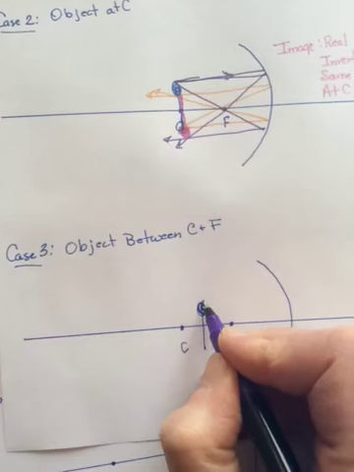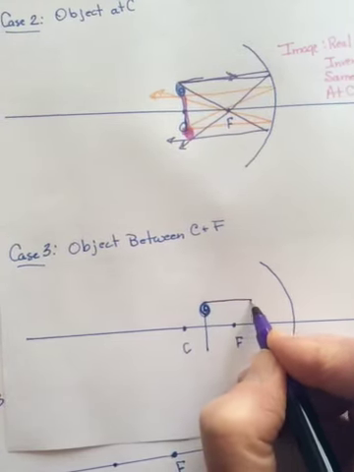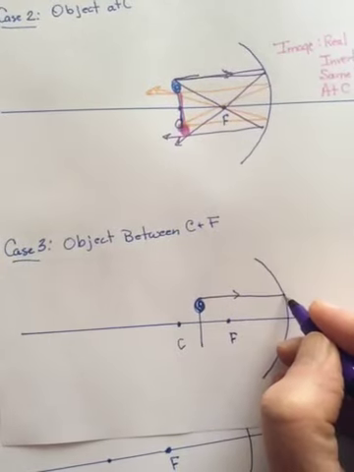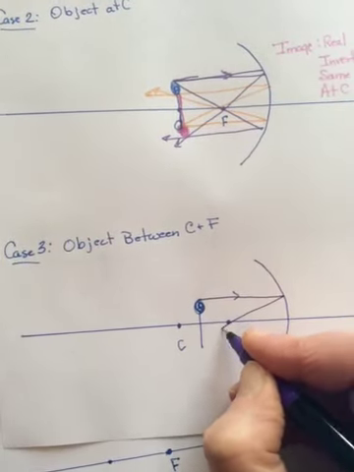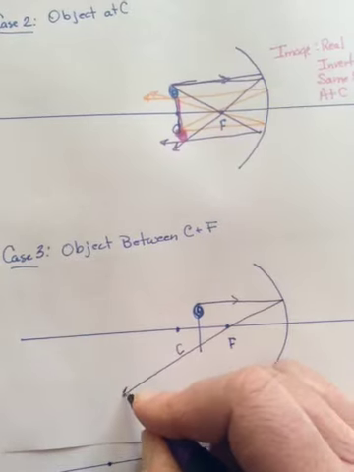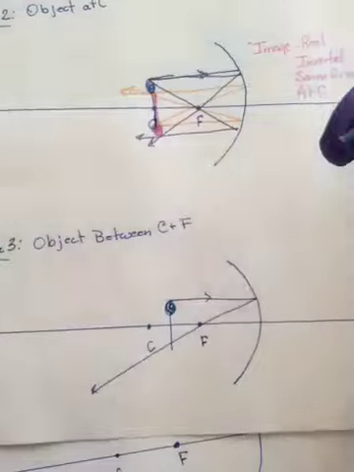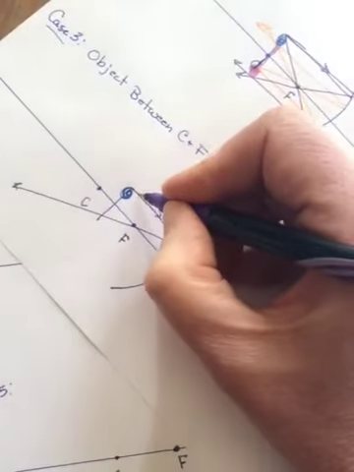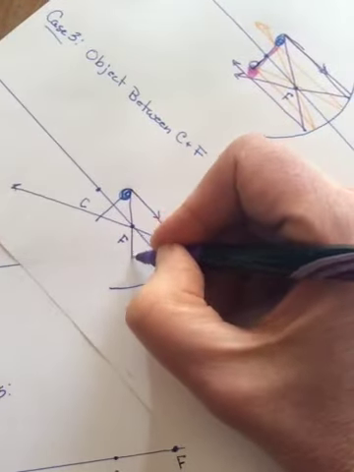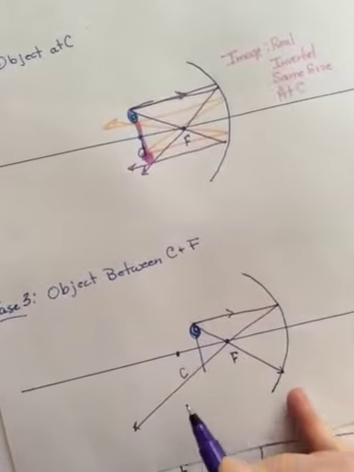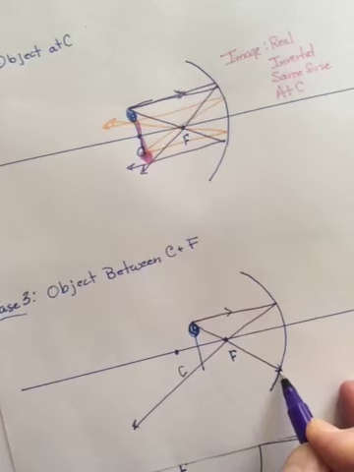And so again, I like the one going in parallel to the principal axis because it's usually the shortest one to draw. An object going in parallel to the principal axis gets reflected through F. An object going in through F, turn this around. Now I have to turn it back, comes out parallel to the principal axis.